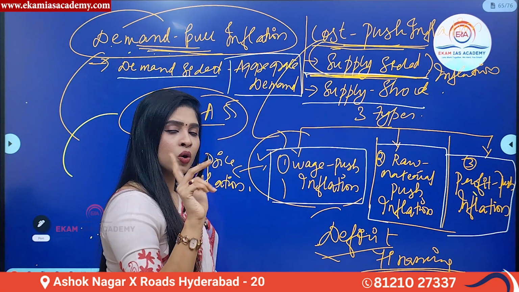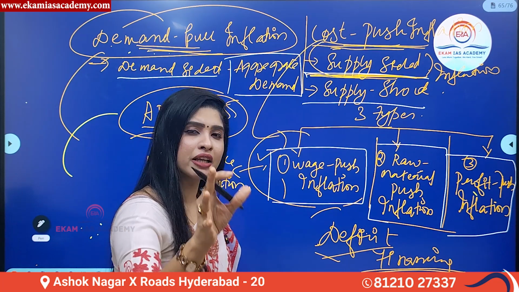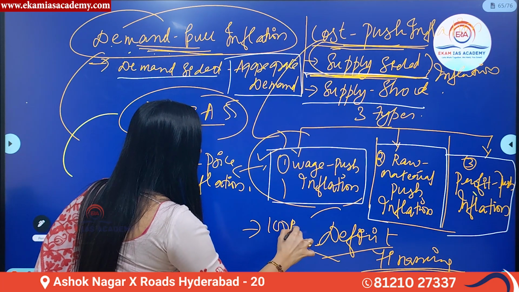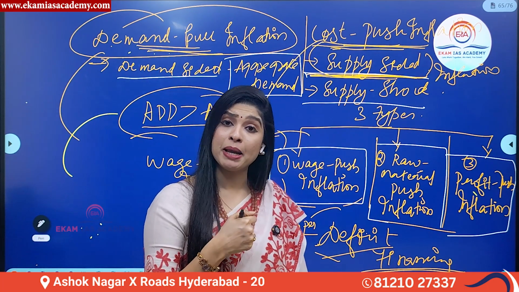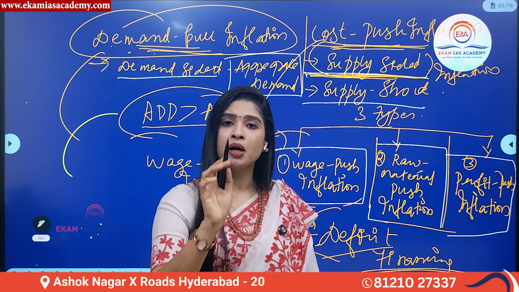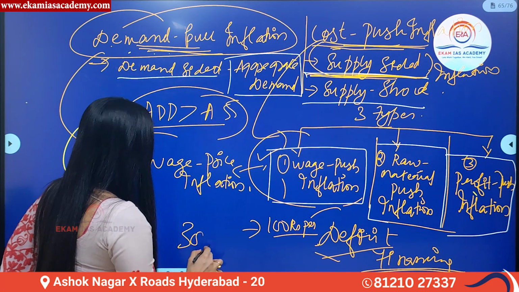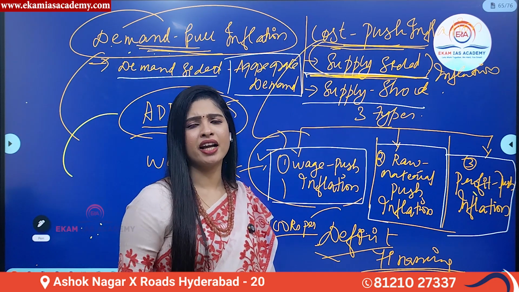Let's say the total cost of any food grains which I am producing is 100 rupees per kg. Now, when my employee is demanding higher wages, per day I was paying him or her 300 rupees. Now they are saying that because of inflation in the economy, we need higher wages.